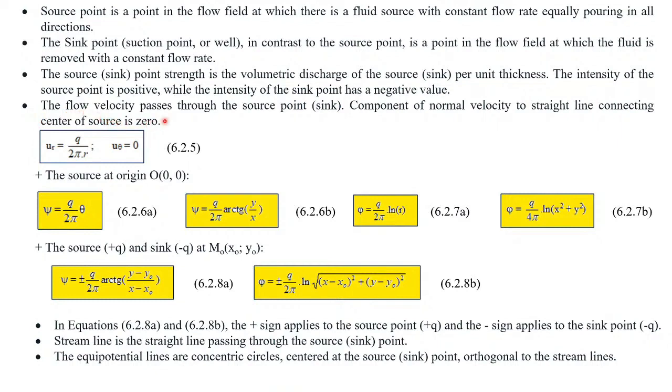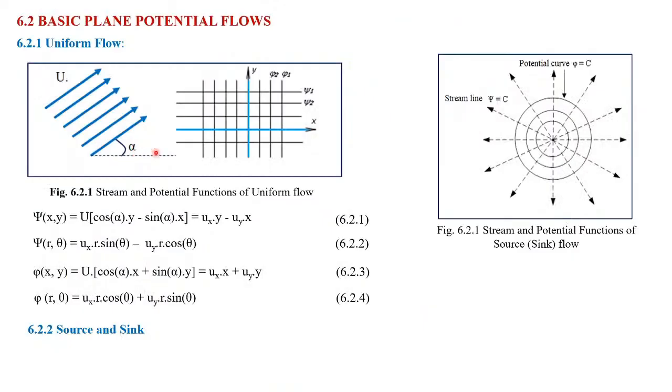The component of flow velocity normal to the straight line connecting the center of the source is 0. So for the source or the sink, the velocity u theta equals 0, because you see here the flow just goes from this point outward, or goes inward to this point.